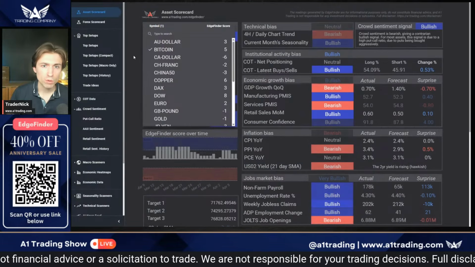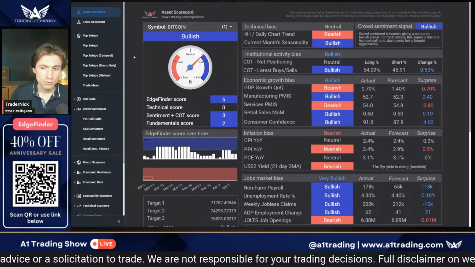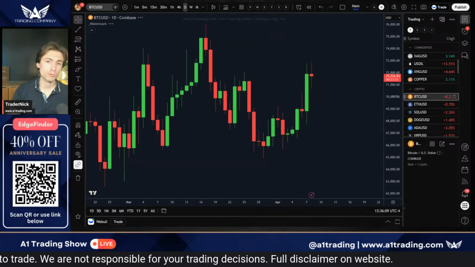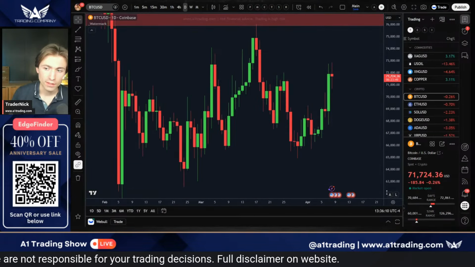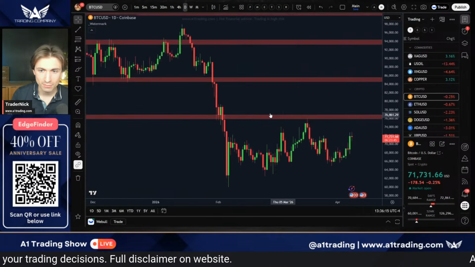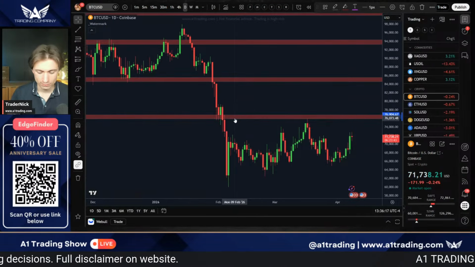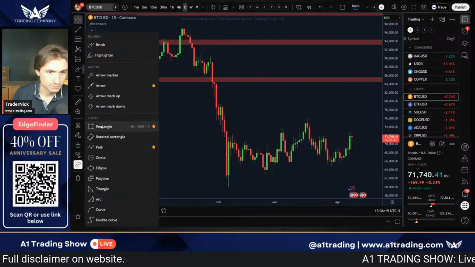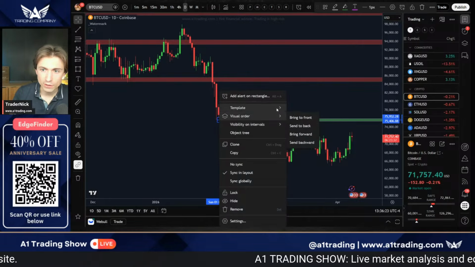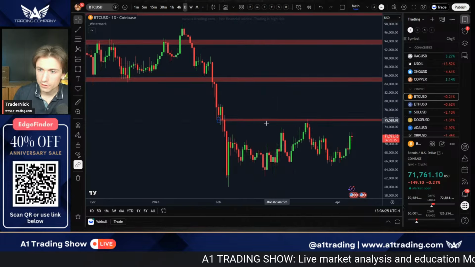Bitcoin's another one that I'm watching. Bitcoin is interesting. I've mentioned that if we went full-blown risk on, I think Bitcoin might actually break out of the funk that it's been in for quite some time. Let's take a look at this. You've had this level of resistance overhead for a little while. There it is on the supply side.